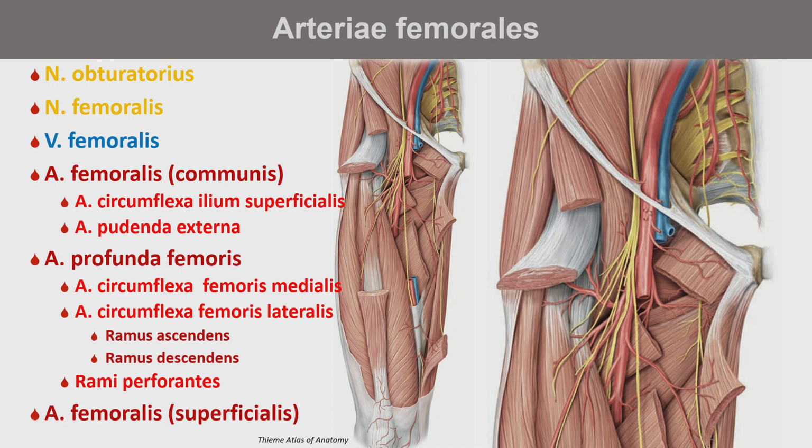So, femoral arteries and their course. When you remember the course of nerves, the nerve which is entering the space and is accompanied with distal iliopsoas is called nervus femoralis, femoral nerve.